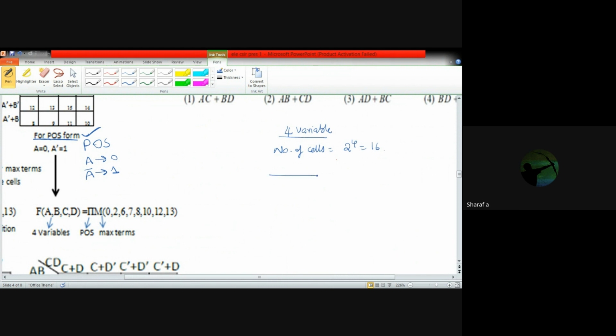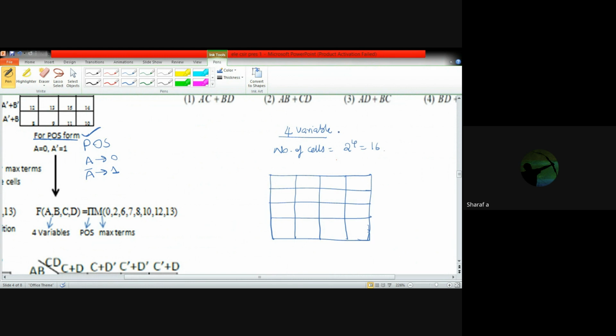So just draw 16 cells. 16 cells you can draw easily like this: 1, 2, 3. This is not equally distributed, anyway. So this is the 4 variable K-map.